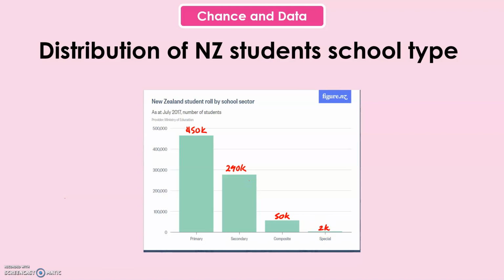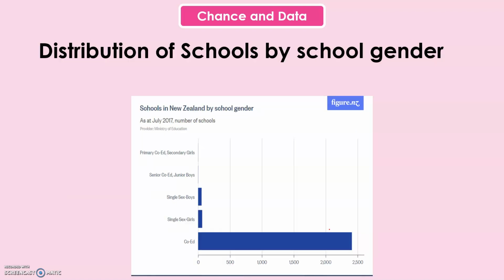So if we're quickly just doing some maths, it kind of looks like you're about 9 times more likely to be at a primary school than a composite school, and you are about just over half more likely to be in a primary school than a secondary school.